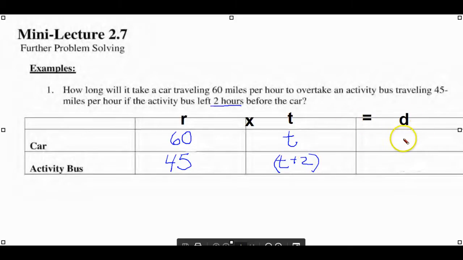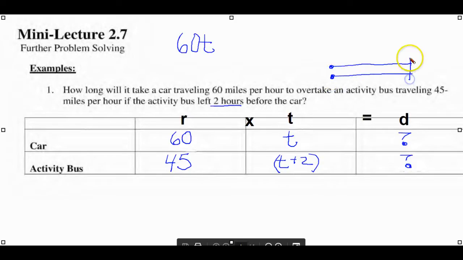And what do we know about the distance? Well, we don't know the distance. But in a sense, if we multiply 60 times t, that is what the distance is. And we know that when they catch up, one starting from here, one starting from here at a later time, the distance is actually going to be the same.